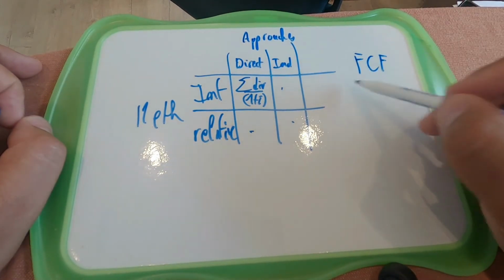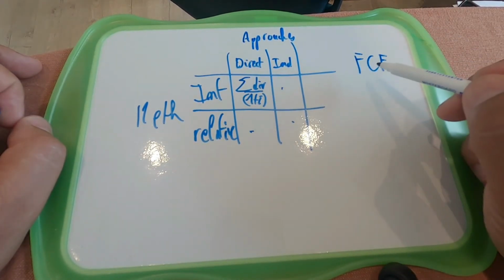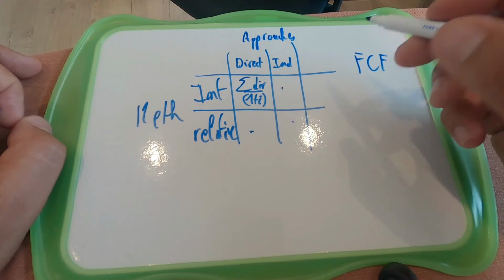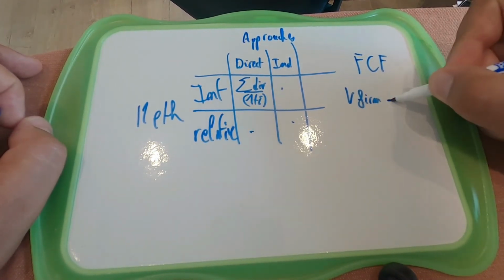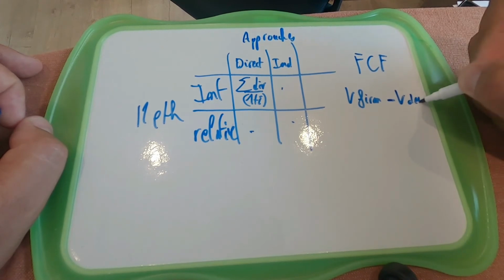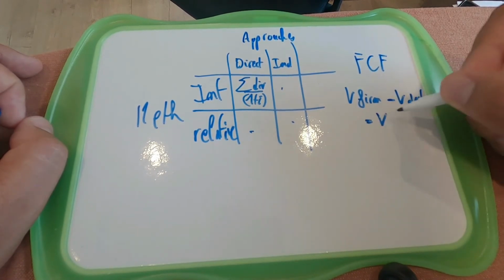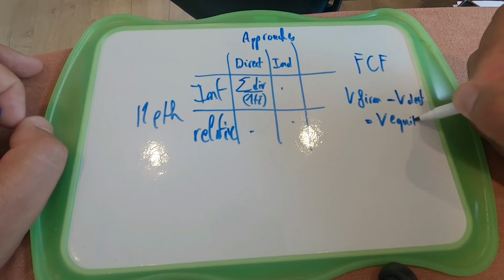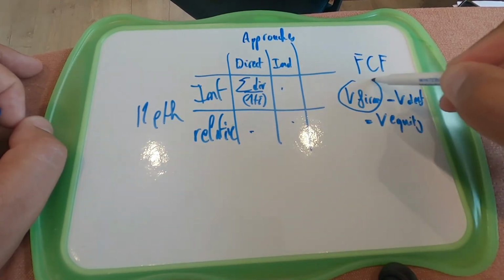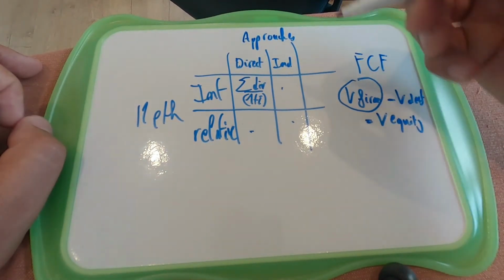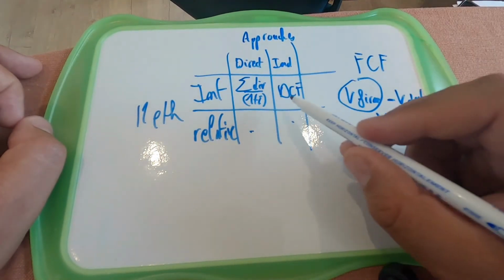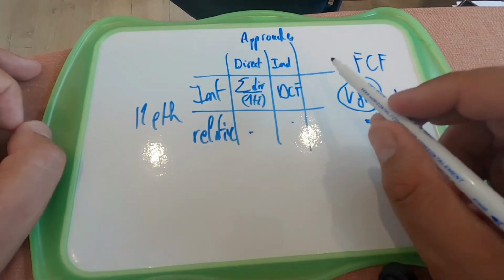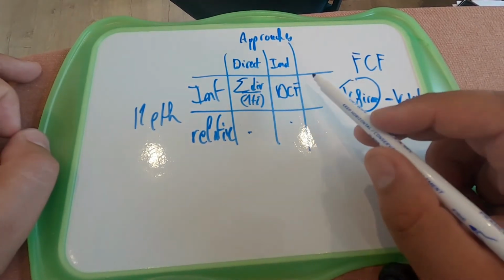The method discounts free cash flows to find the value of the firm, then we subtract the value of the debt, and we will find the value of the equity. So the method looks for the value of the firm using discounted free cash flow. It's called the DCF, discounted cash flow method, which is probably one of the most popular ones.